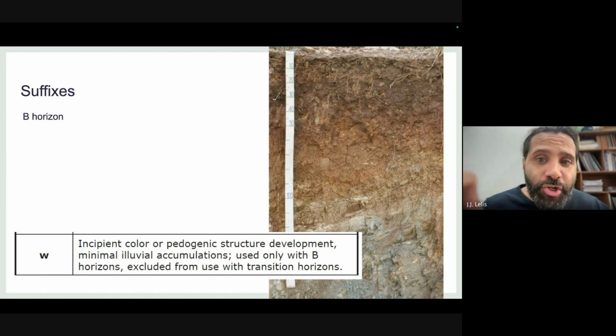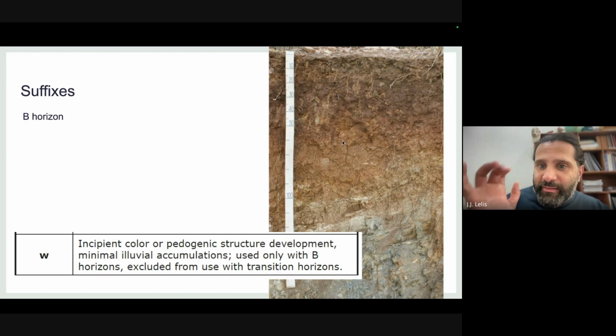So it's just to show you that you have one specific section of the soil that's not rich in gravels, not rich in rocks. So it's not a C horizon, it's not a dark horizon like the A, it's not a light horizon like the E, but I can see some structure, some peds, some aggregates.